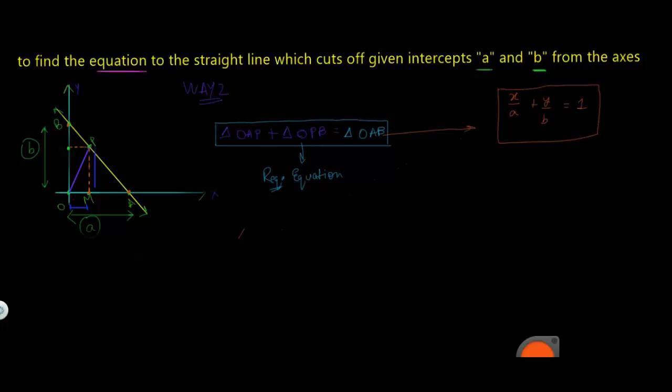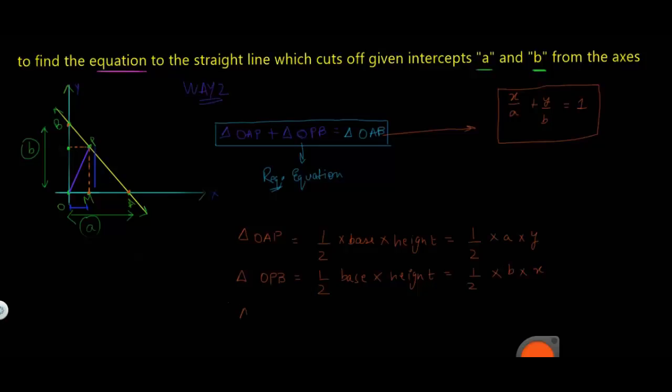Alright, so the area of triangle OAP, I'm going to write it as half of base into height, that is equal to half of a into y. And the area of triangle OPB is again half of base multiplied by height, which is half of b into x.